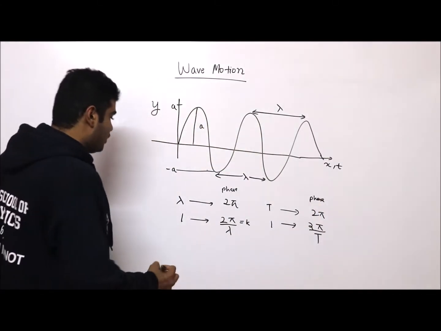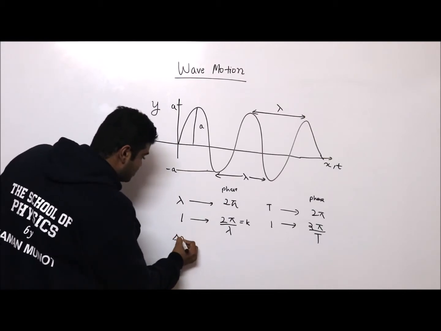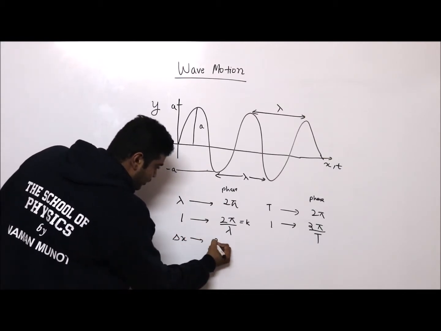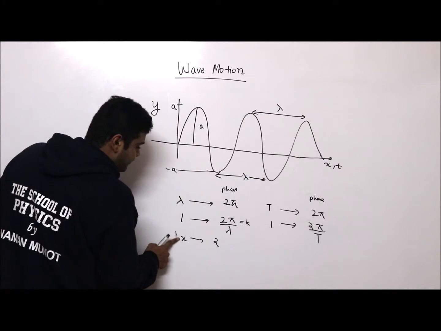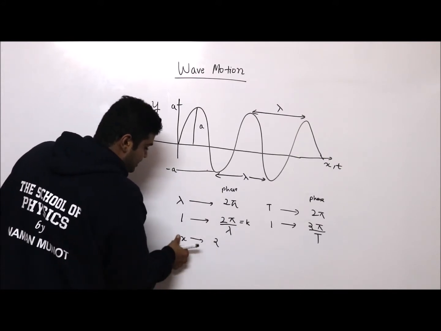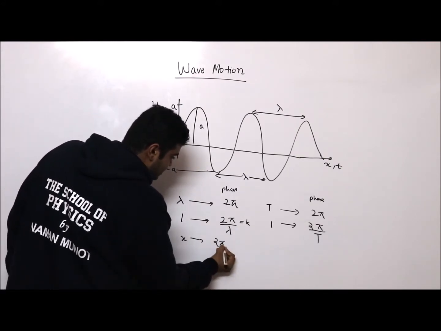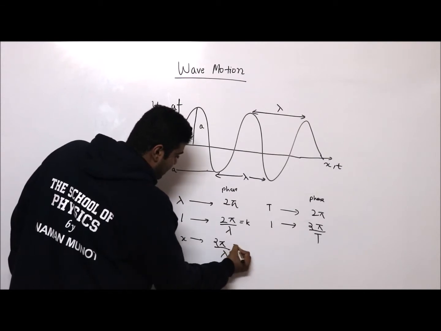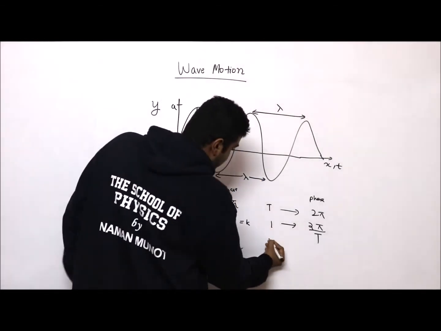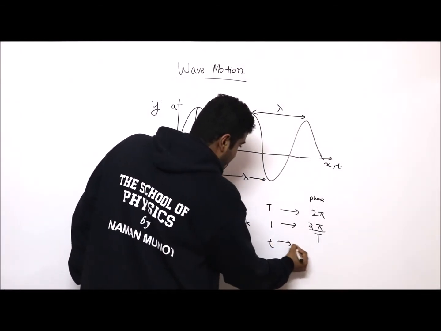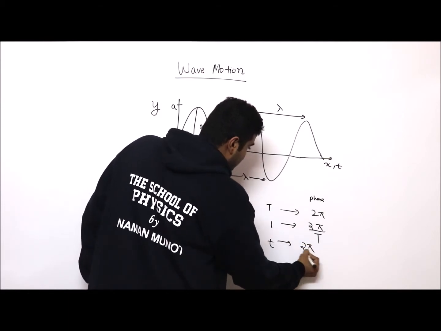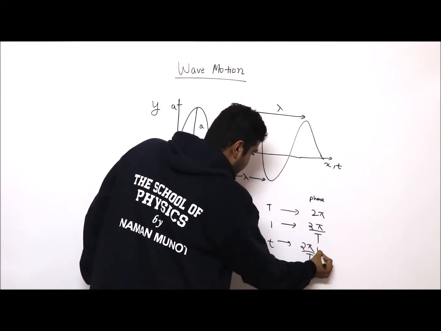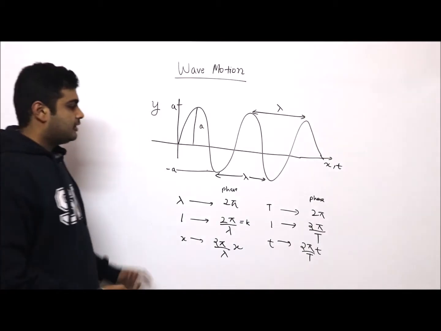For x distance, the phase change would be 2 pi by lambda into x, and for time t, the phase change would be 2 pi by T into t. So this is what the phase change is.